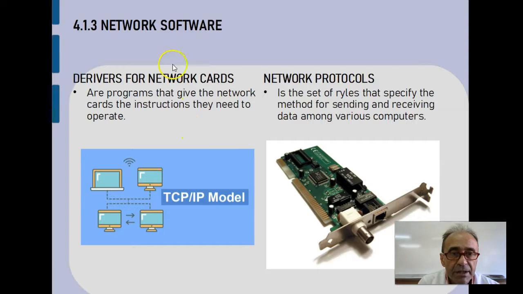In this case, if the hardware is the network card, we need specific software for making it work. That is the driver of the network. And the language, the code, the rules that we use for communicating between the computers are what we call the network protocols.